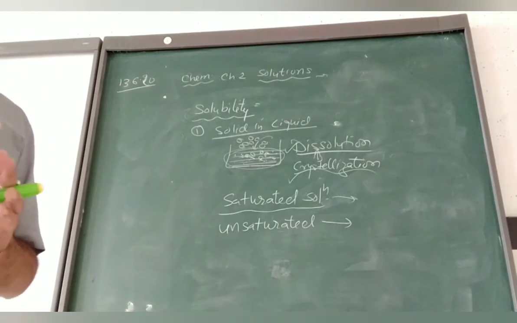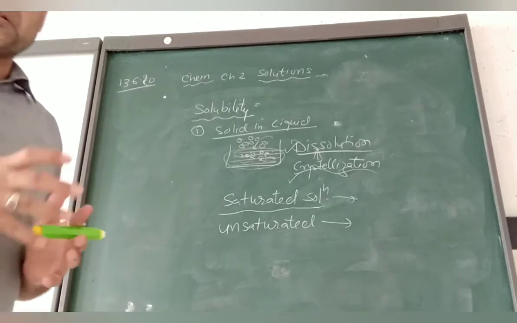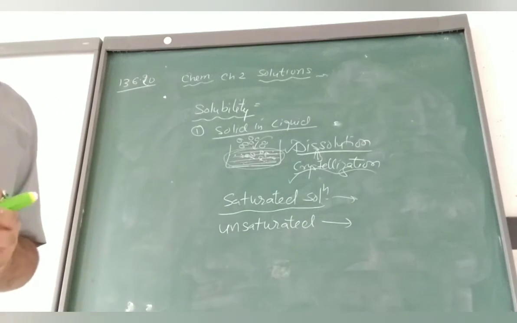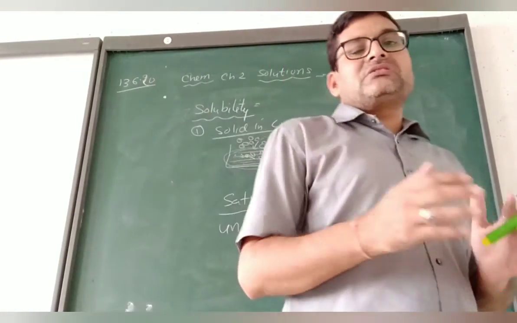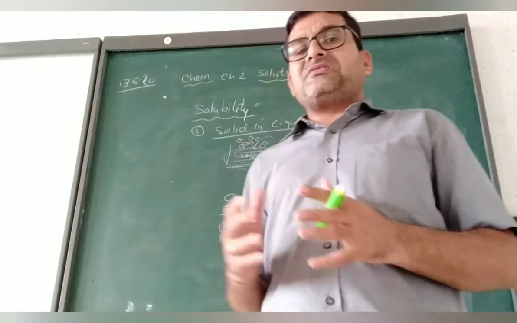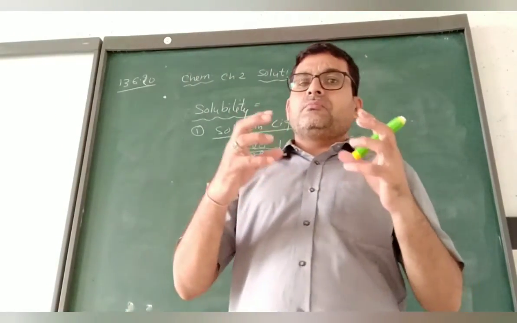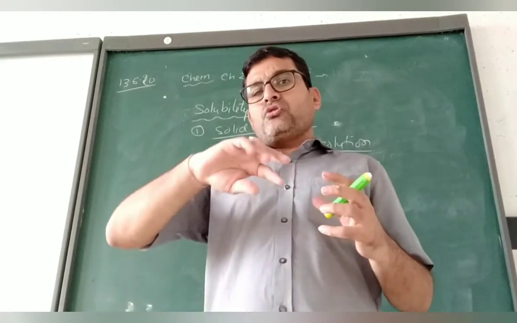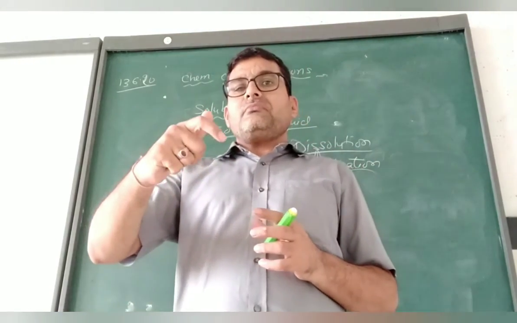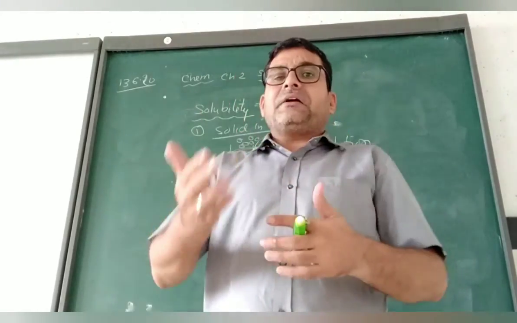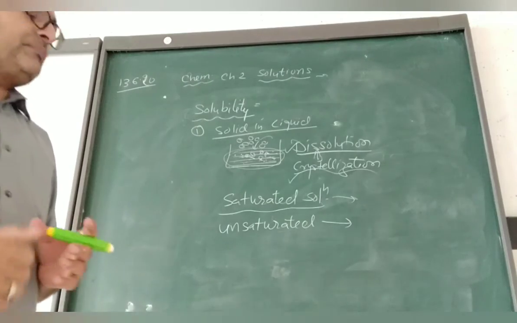Other factors are there, temperature, pressure, but it depends basically on the nature. In 11th standard, you have studied in equilibrium about Le Chatelier principle, right? When any process is at equilibrium, if we change any factor, the effect of that factor will be minimized. So we will see the effect of temperature.